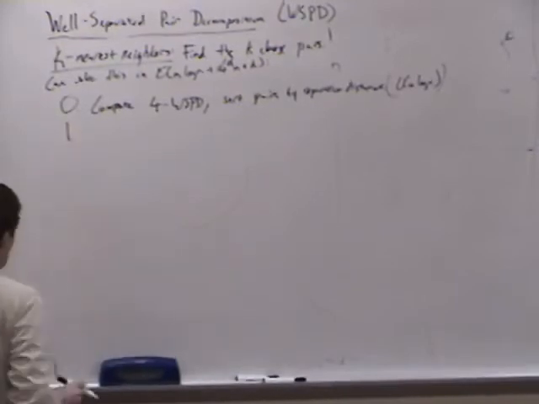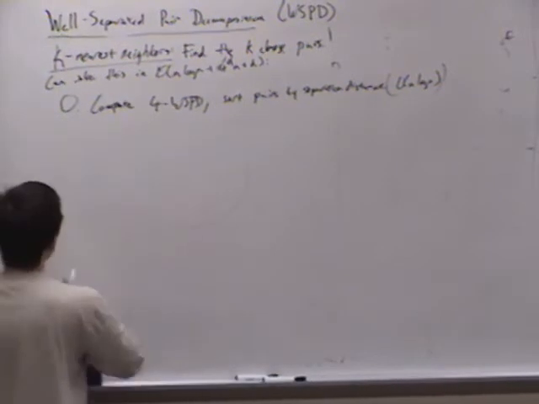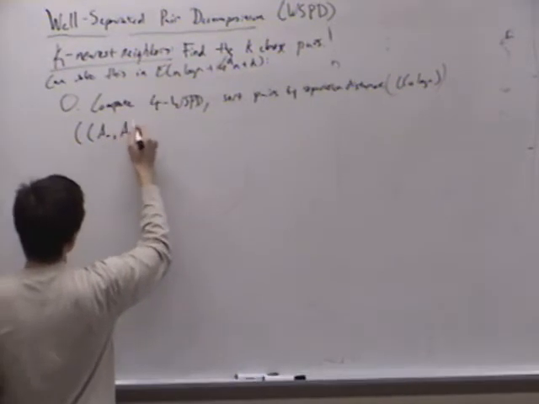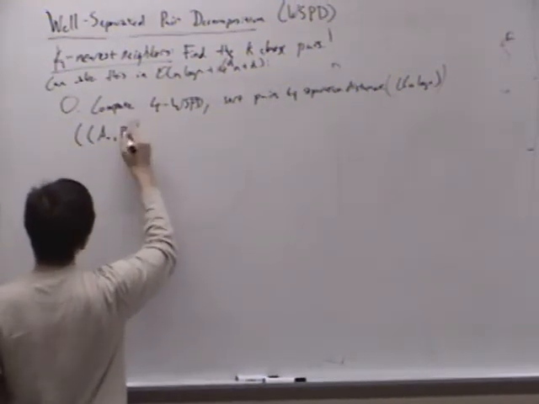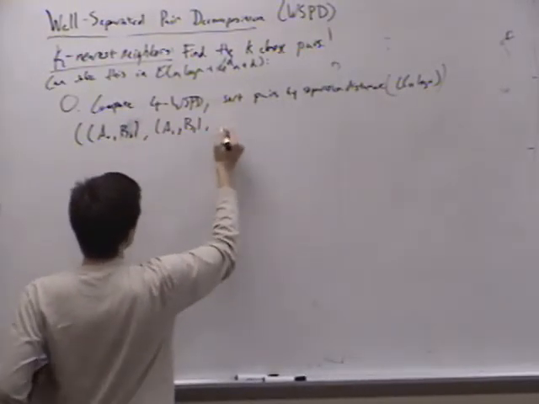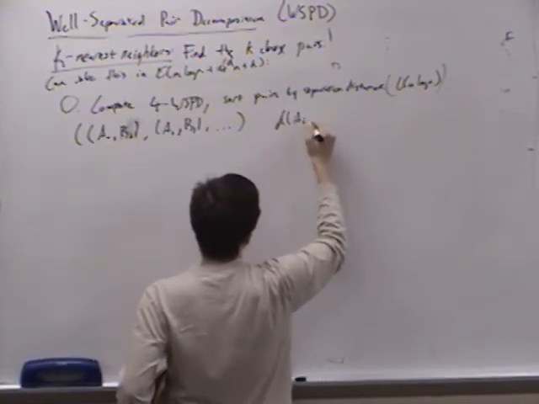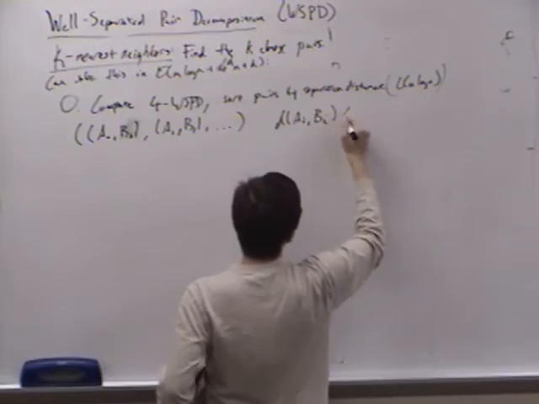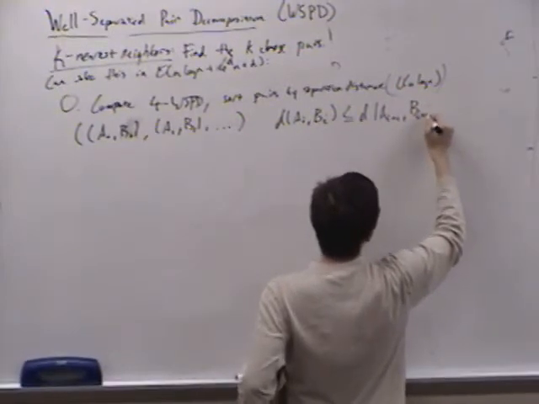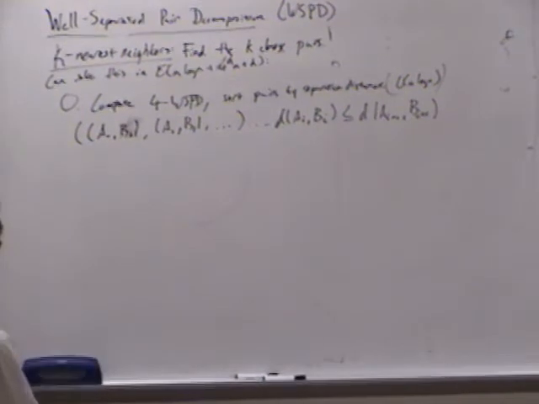Once we've built these things, we now have the sequence A0, B0, A1, B1, etc., such that the distance of AI, BI is less than or equal to the distance of AI plus 1, BI plus 1. So that's the notation that we're going to use.